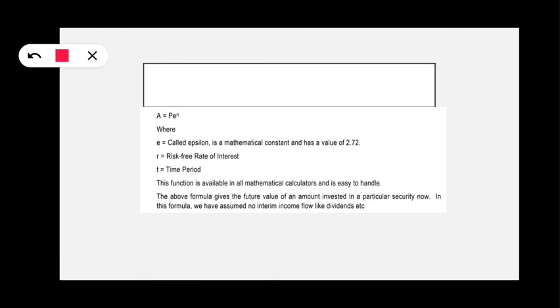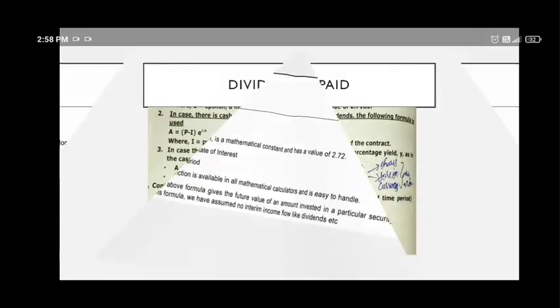A equal to P into e whole power R into T. You may have a doubt how we got this formula. This formula is from the limit x to infinity. When we do this, we will get this formula, and that of course is not needed.